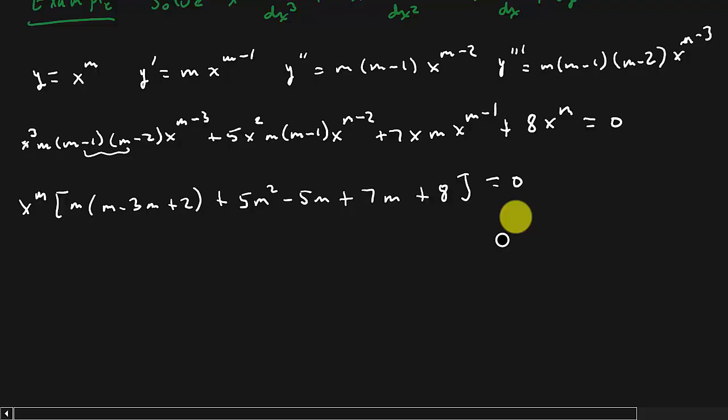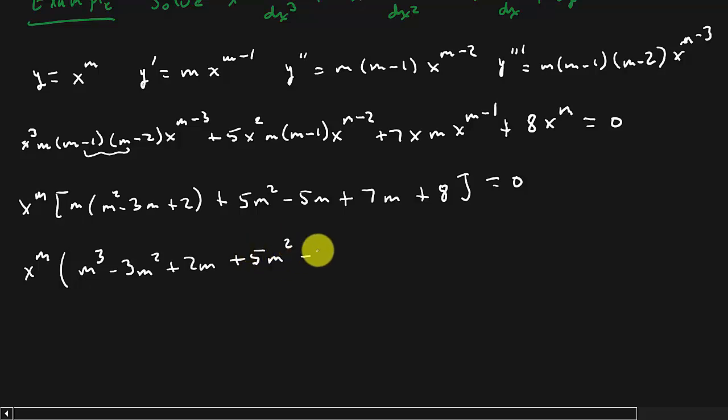Alright, so now I've got x to the m times, and that's going to be m, whoop, that should be an m squared there. So that's going to be m cubed minus 3m squared plus 2m plus 5m squared minus 5m plus 7m plus 8 equals 0.